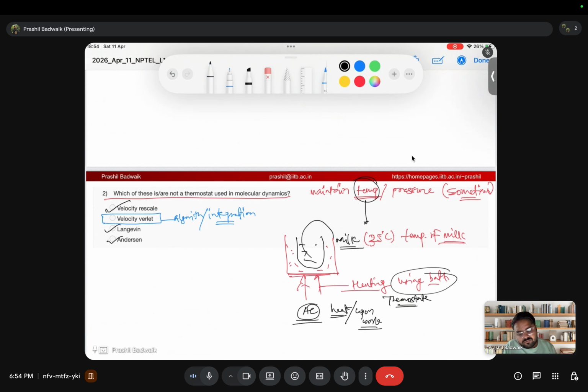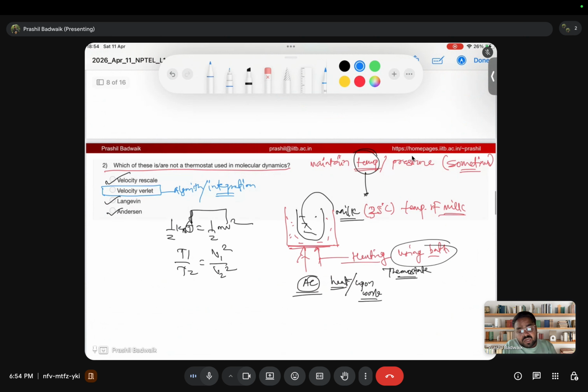Now we'll see the function of these thermostats. We know velocity rescale. How does it work? You know, half kBT equals half mv squared. So you can see temperature is proportional to velocity. So T1 upon T2 is equal to V1 squared upon V2 squared. Upon doing some number of steps, the velocity of the particle changes, because of which the temperature will change, and we want temperature to be at a constant value.